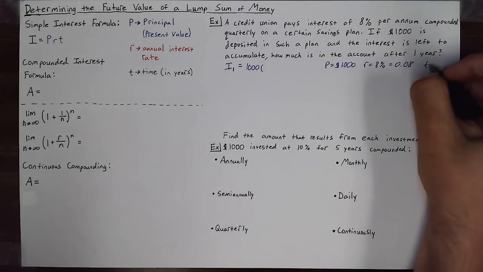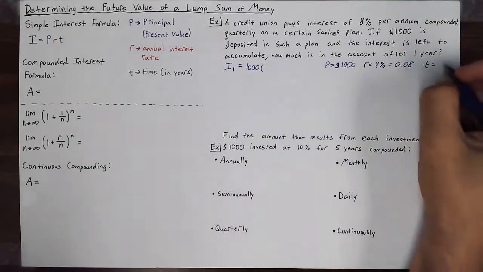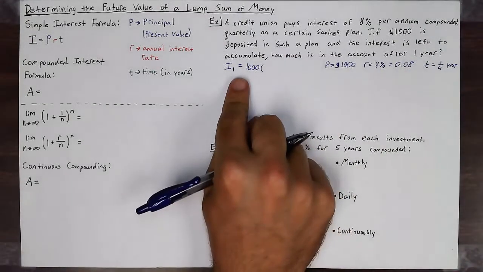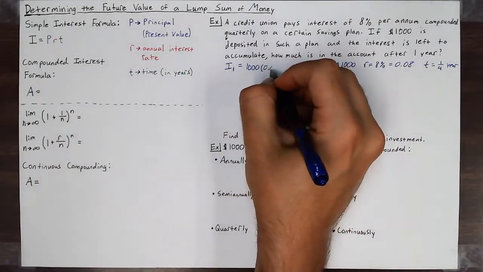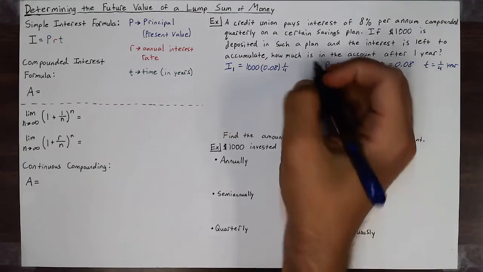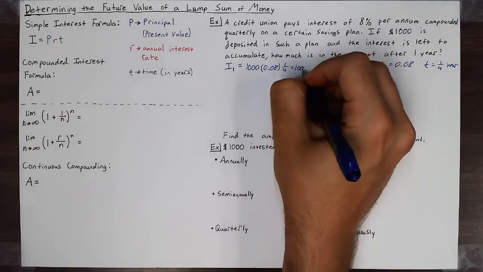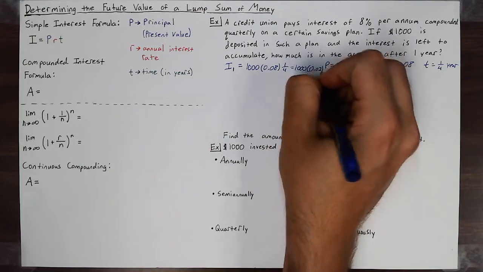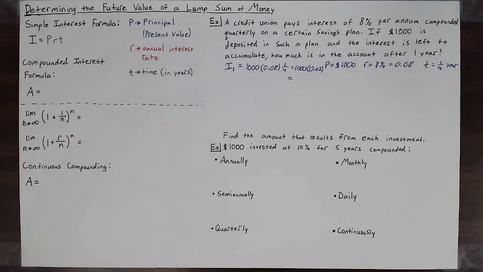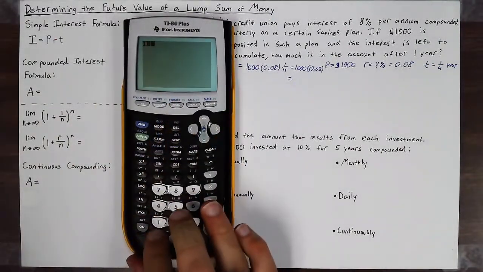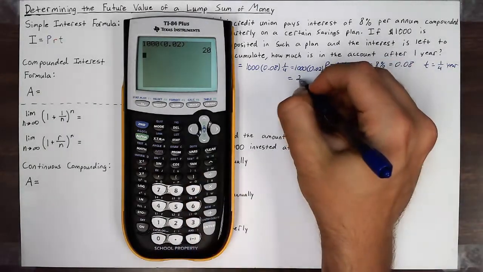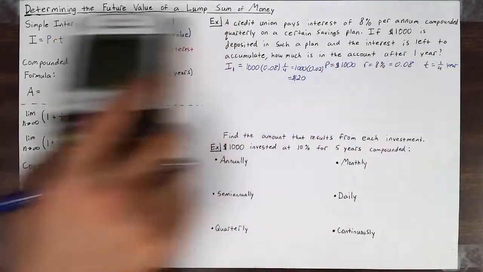And the amount of time that's passing in 1 quarter will be 1/4 of a year. So when I plug everything in, I'll get 1,000 times 0.08 times 1/4, which is the same as 1,000 times 0.02, which is $20. So my interest is $20.